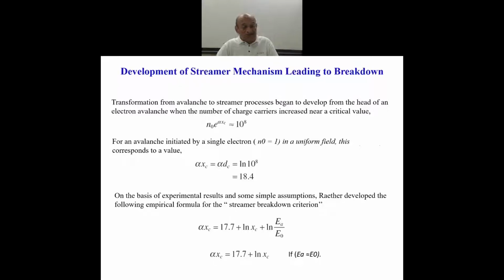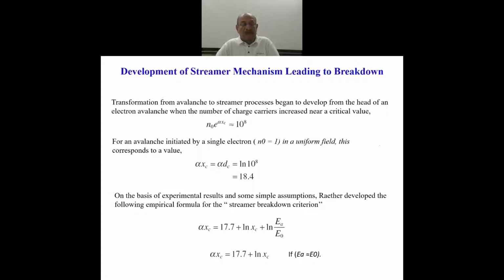Now, with this theory, you would appreciate if you try to calculate or measure the time required for breakdown after applying maybe a pulse voltage of required magnitude.